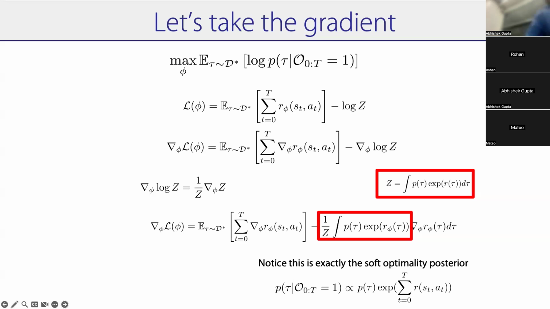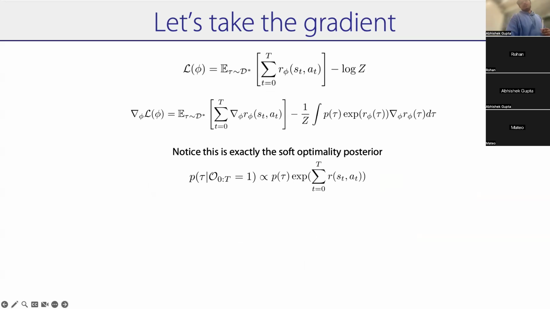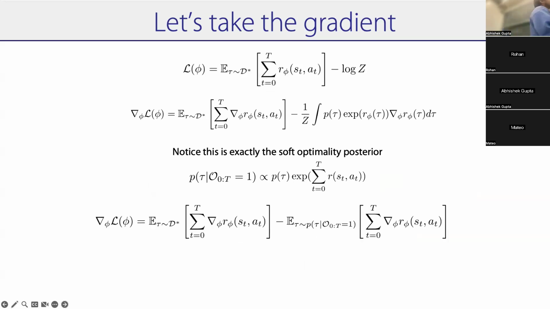And so the second term, we can now simplify to another expectation, but it's an expectation under the posterior. The first term is the expectation under the expert data, and the second term is an expectation under the posterior under your current reward function phi. This is basically what max ent RL computes.